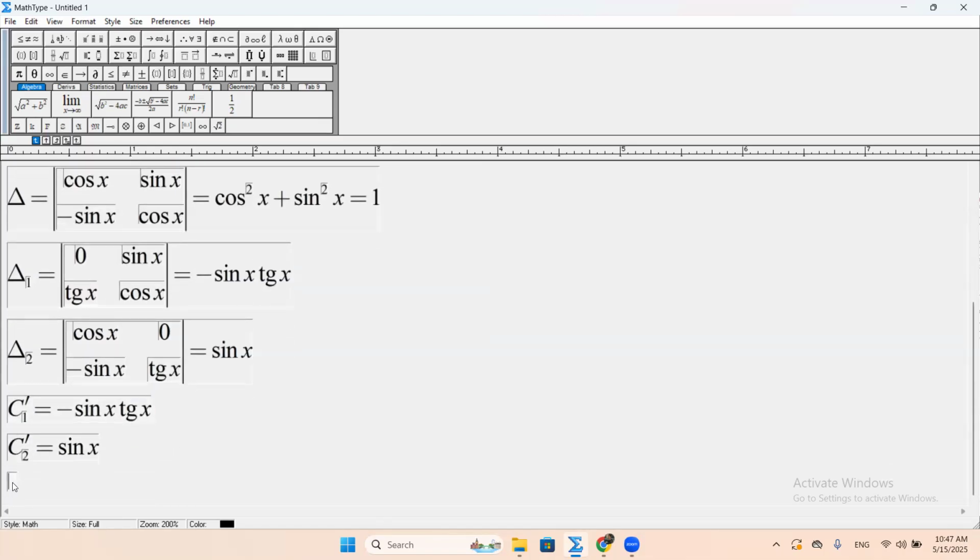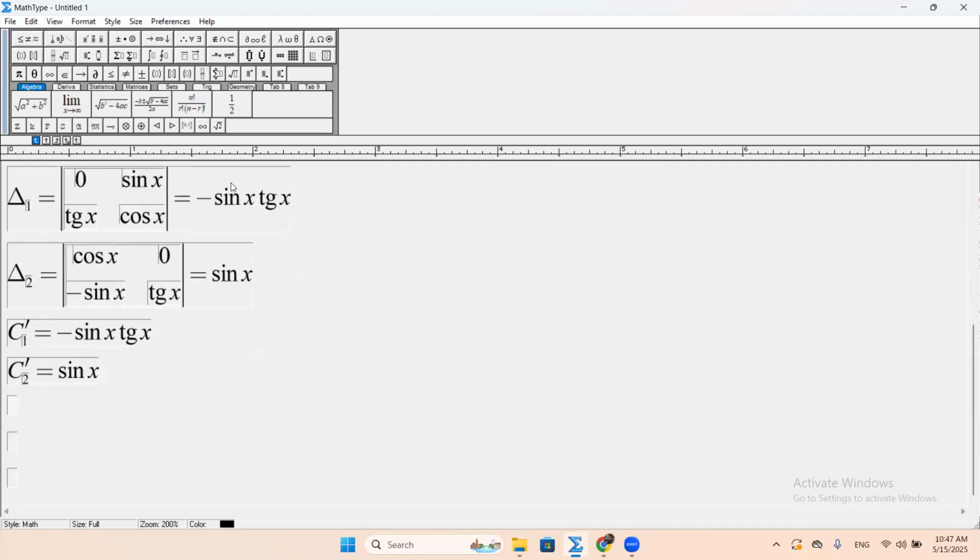Okay, now we will find these constants by integrating C1 prime and C2 prime. So the integral of sine of x tangents x dx will be equal to the following integral: sine square of x over cosine of x dx.